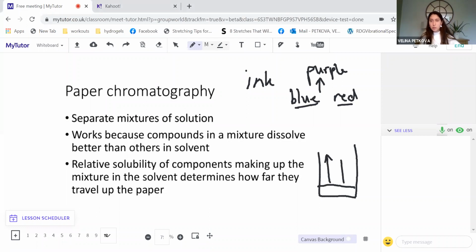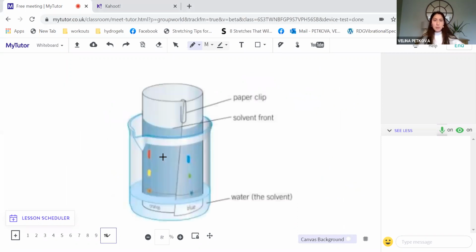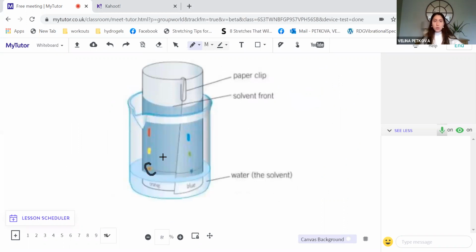Some examples will be very helpful to visualize this. Here we have our orange dye and a blue dye. By using paper chromatography, we can separate this mixture into its two colors. That lets us understand what two substances have gone in to form our orange dye.